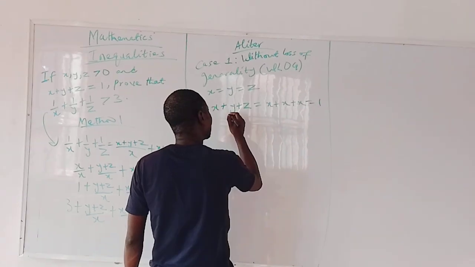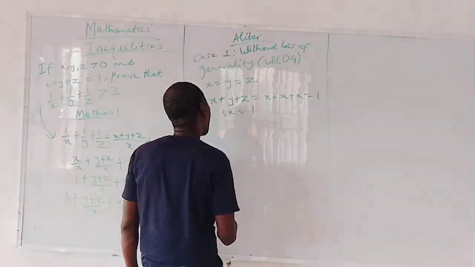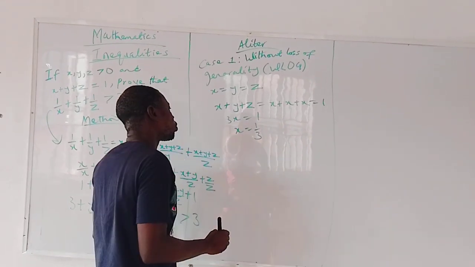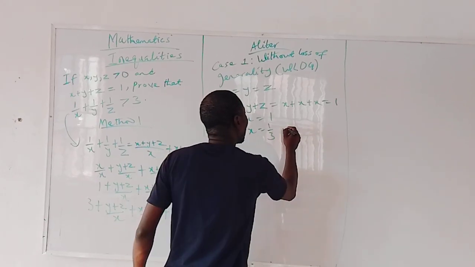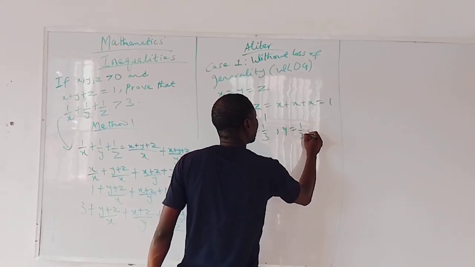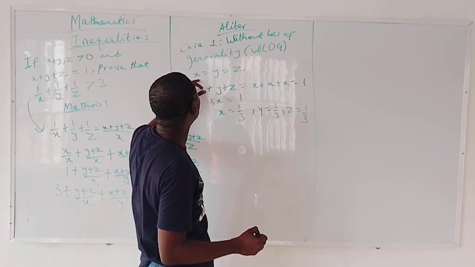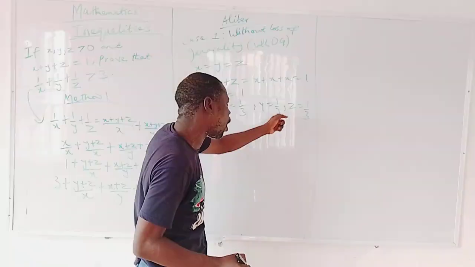X plus x plus x in turn equals 1. So I can now say that x is equal to 1/3. So if x is equal to 1/3, that means y is also equal to 1/3 and z is equal to 1/3 because we said from the start that x equal to y equal to z. So whatever x is, y is also z.